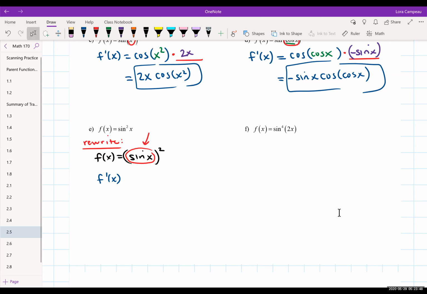Don't feel bad. So if I'm trying to take the derivative of something squared, I do know it's 2 times something. And so we're evaluating it at the inside. So 2 times sine of x. But then if we're looking at who is the inside function, it is sine of x.